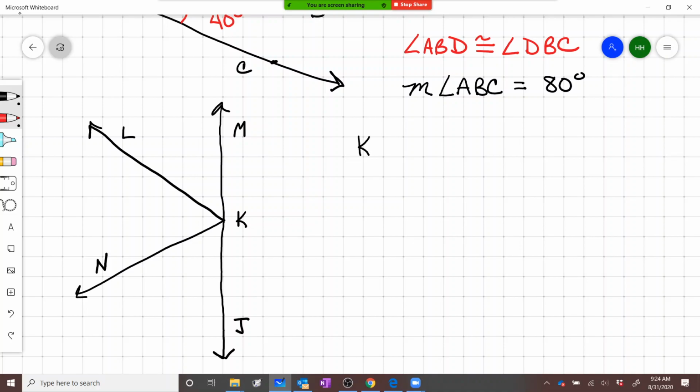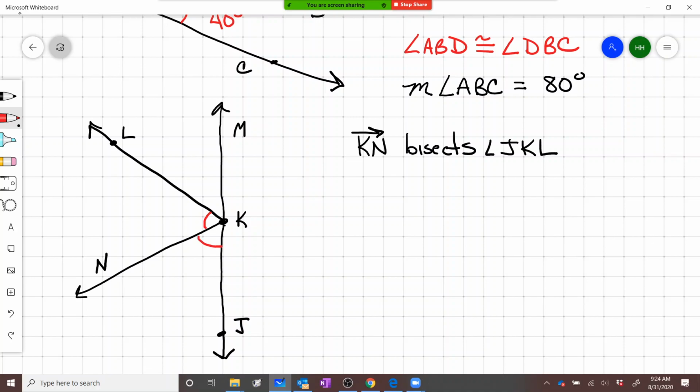So let's see, where's KN? If KN bisects JKL, then isn't this angle the same as this angle?